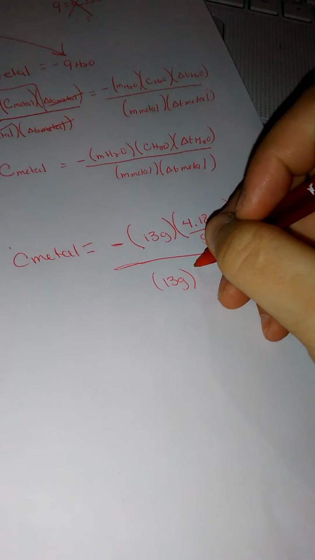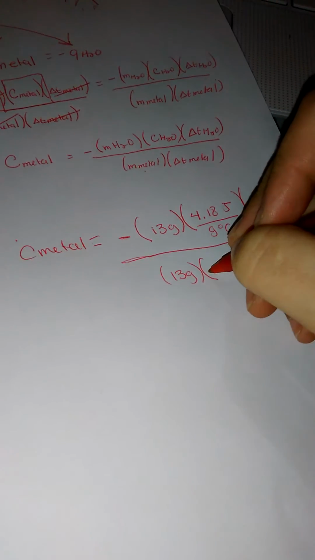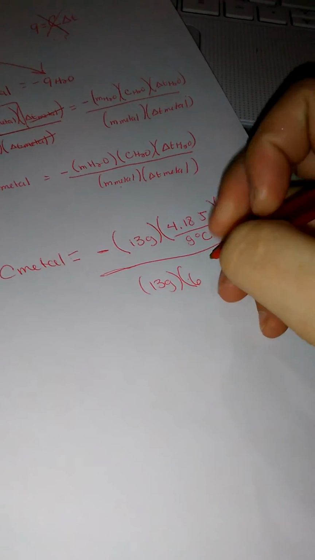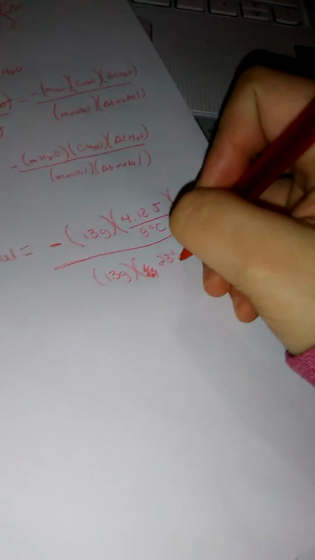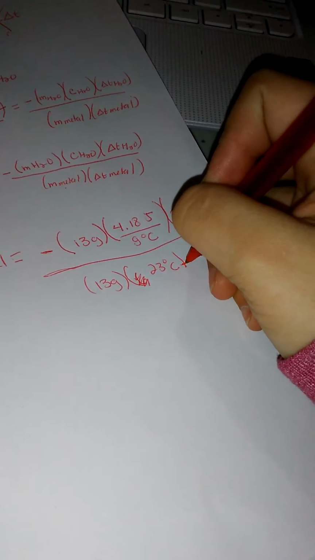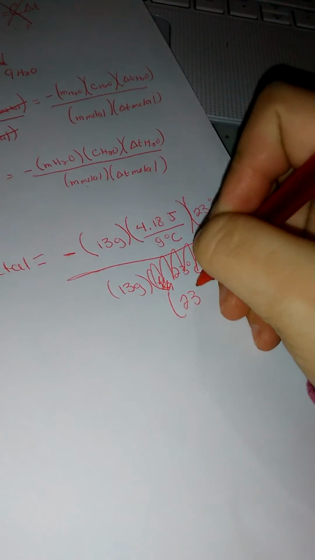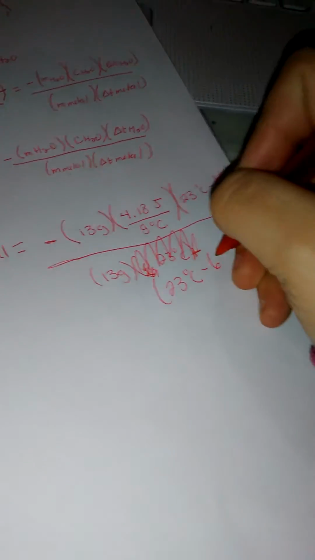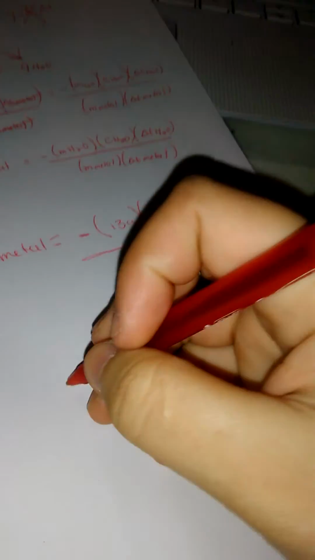And then the delta T of the metal. So it's gonna be final, so 23 minus, I'm sorry, it's gonna be 23 minus 68. All right.